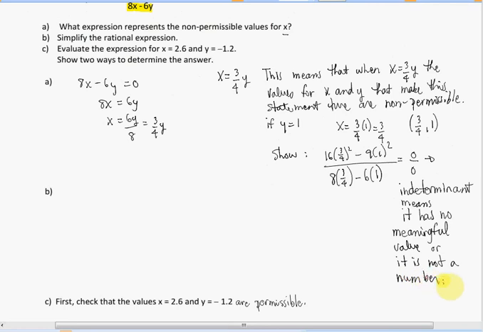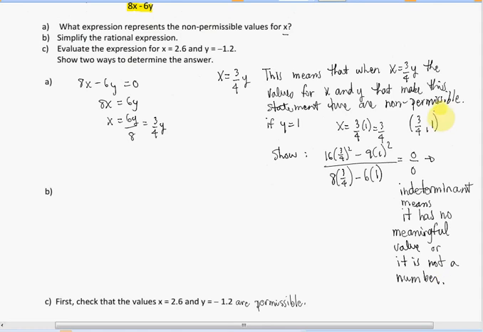So what I've shown you is that when x is equal to 3 over 4y, and I just picked a number y equals 1, plugged it in, got a coordinate of 3 over 4 and 1, it means that when I plug those numbers into the original expression, I get 0 over 0 in this case, which means that it's indeterminate, has no meaningful value, it's not a number.